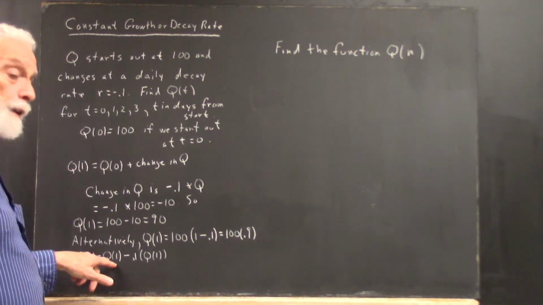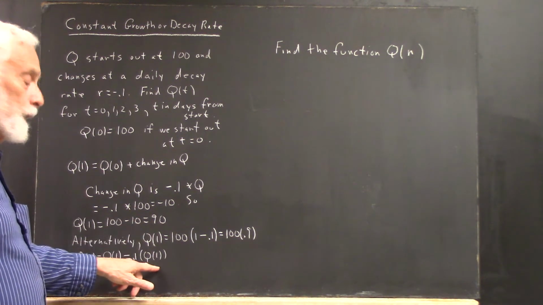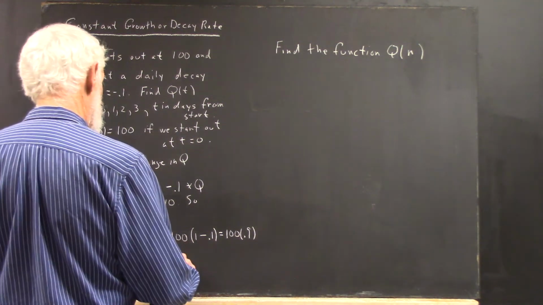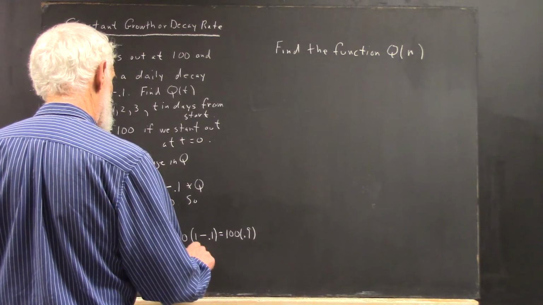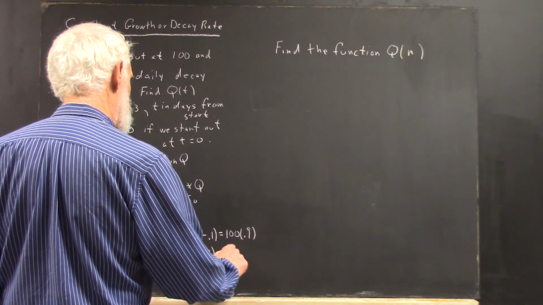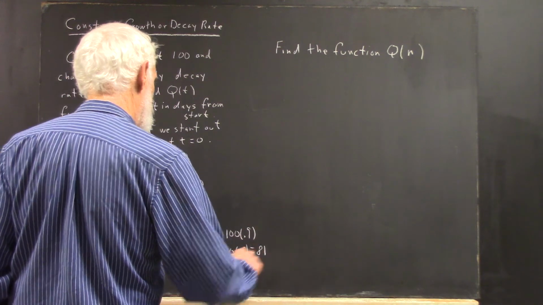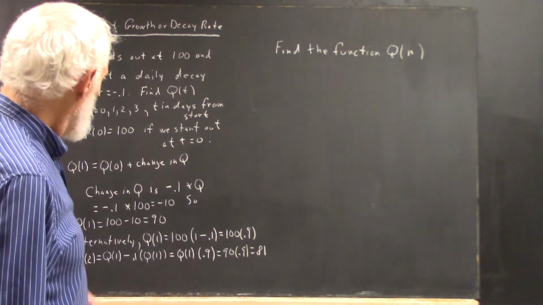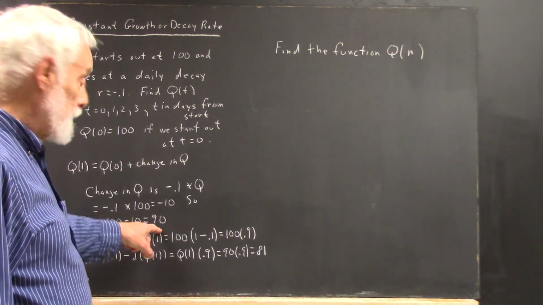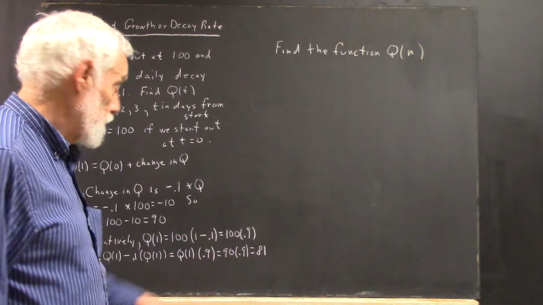So we're going to subtract 0.1 times what we had after the first day to get our next Q. And of course, this equals Q of 1 times 0.9, which is 90 times 0.9, which is 81. Note that on the first day we lost 10. On the second day, we started with 90, so we only lost a tenth of that, or 9. So 90 minus 9 gives us 81.